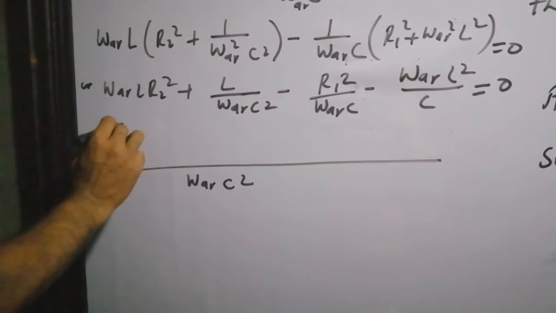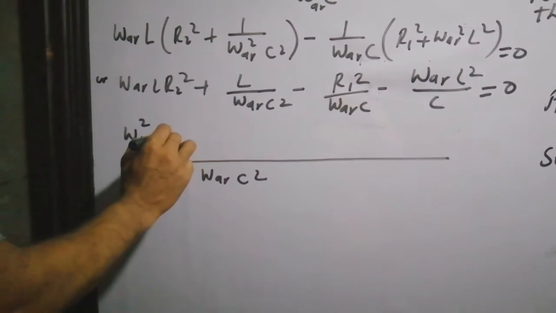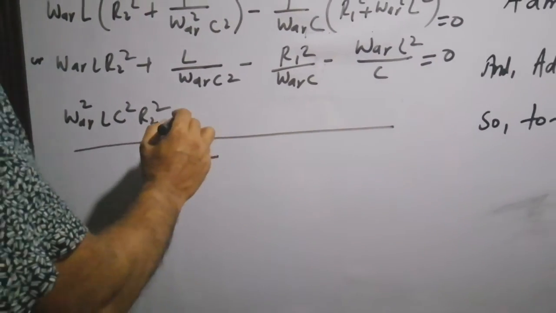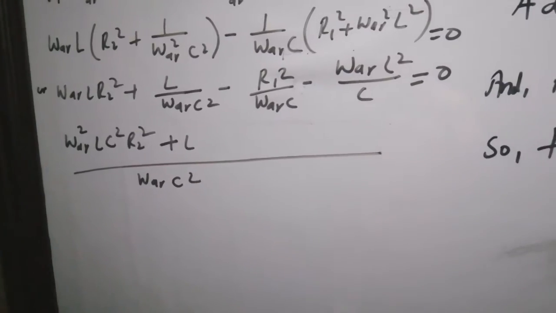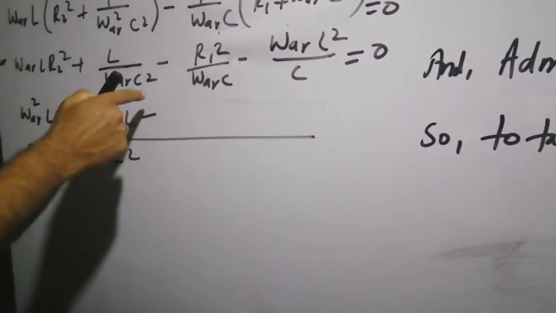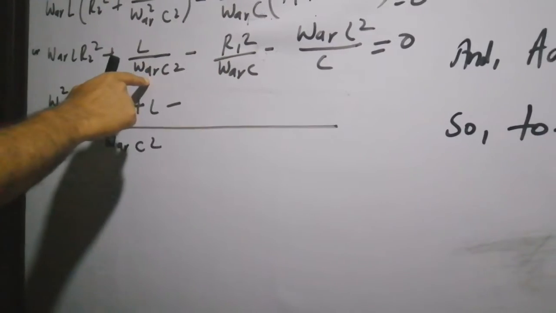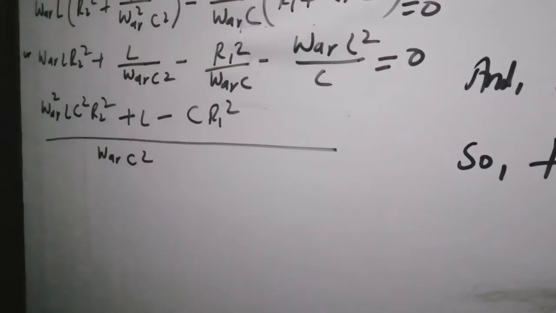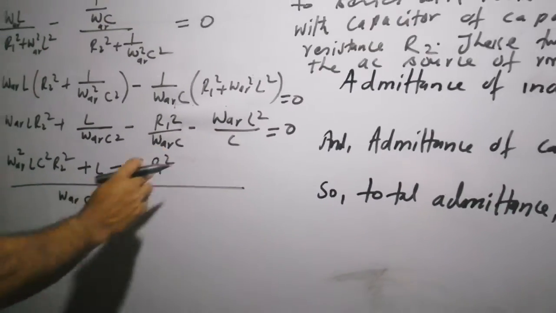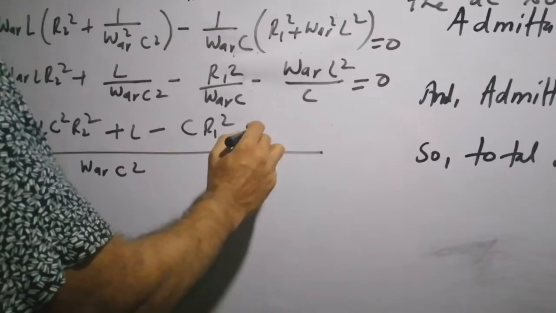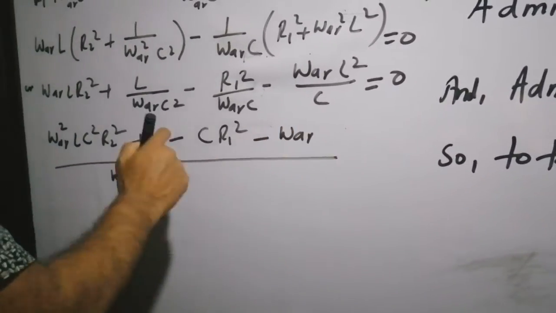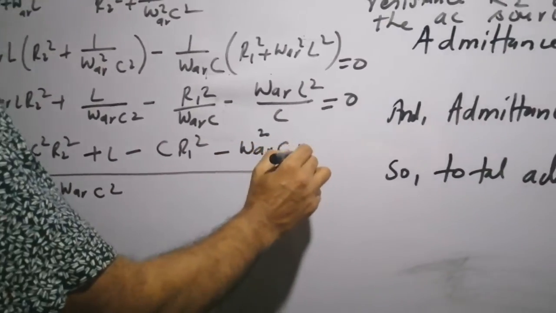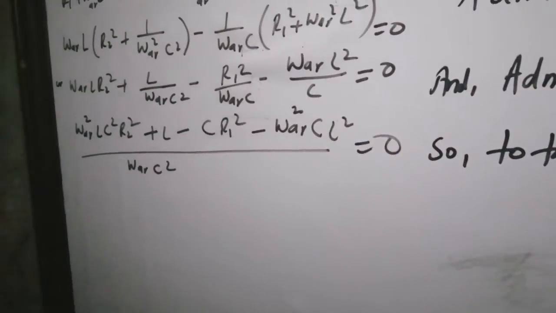So we get omega AR square L C square R2 square, and here I got just L, and here R1 omega AR C, 1 C left, and so C R1 square. Okay, and here is the C only, and so we have to multiply by minus omega AR square, and so 1 C gone and 1 C left, and C L square equals to 0.